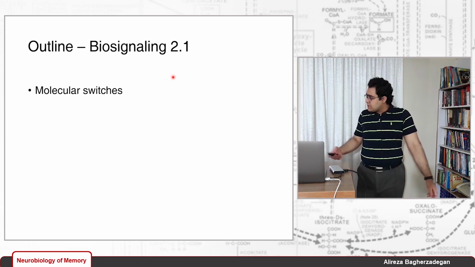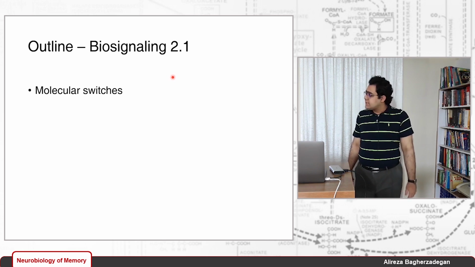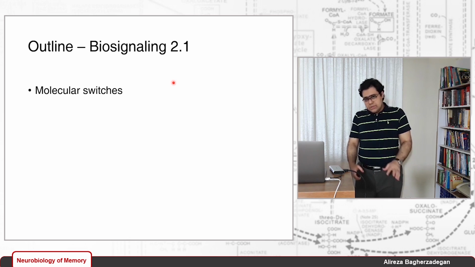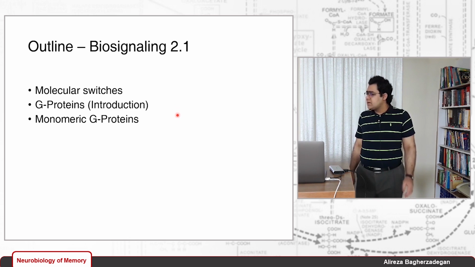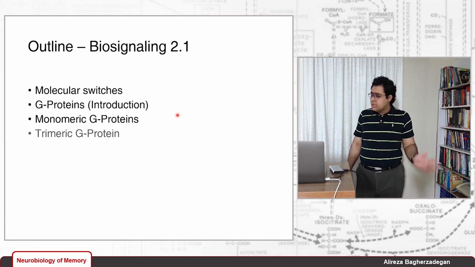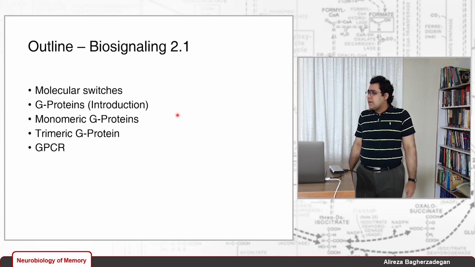So the outline for this particular lecture is that I'm going to first introduce molecular switches. Then I'm going to introduce the concept of G proteins. And then I'm going to talk about different types of G proteins and the receptors which are coupled with G proteins.